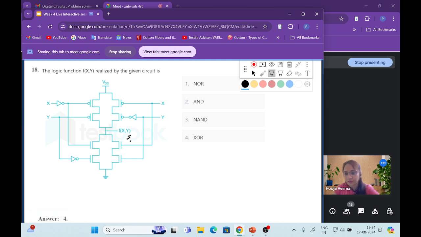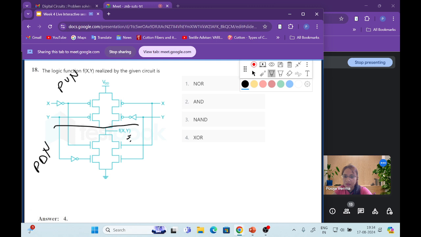So let's see. Here we first identify which one is the pull up network and which is the pull down network. This one is the pull up network and this is the pull down network. First see which one is PMOS.